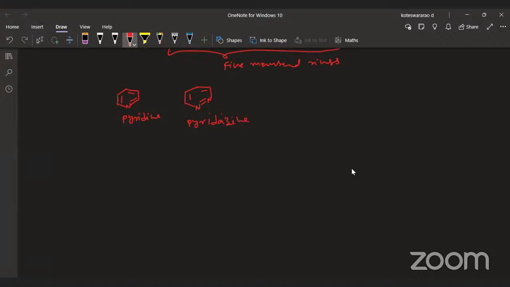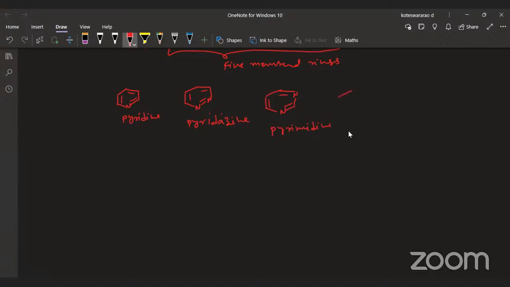If the position of the two nitrogens is changed to the 1,3 position, it is called pyrimidine. These pyrimidines are commonly seen in the nucleic acids, the DNA, RNA.